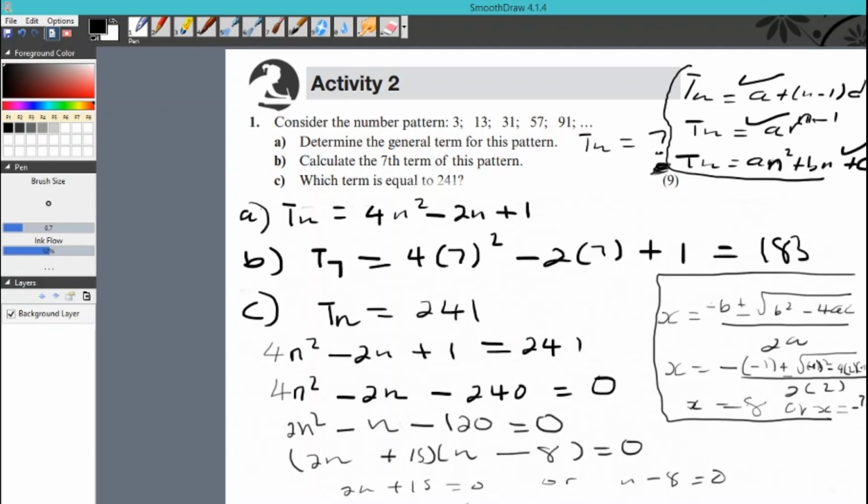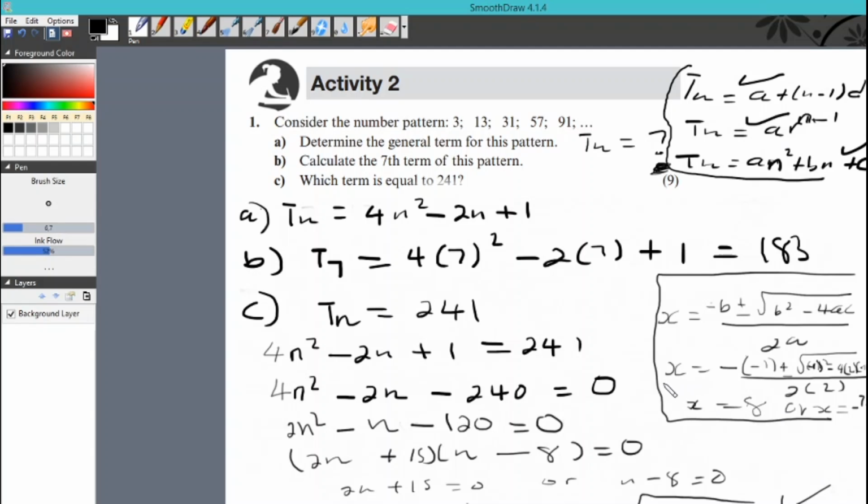Right? So our solution will be n equals 8, because n should be a natural number. It describes the position of 241 in this number pattern. So we'll go with n equals 8.